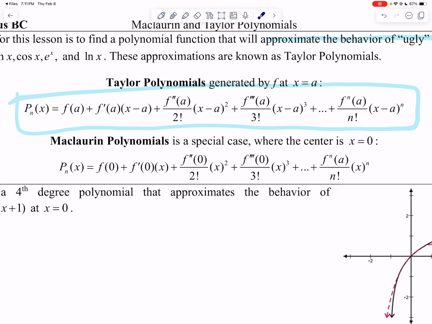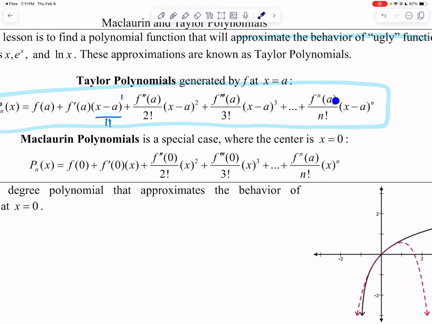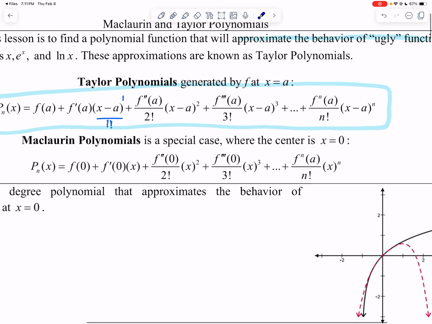So this is the first exponent. I might have 1 factorial right here just so that you can see it. Then you're going to have the second derivative over 2 factorial of x minus a to the second power. The third derivative over 3 factorial of x minus a to the third power, and so forth, so that you have the nth derivative over n factorial of x minus a to the n power.